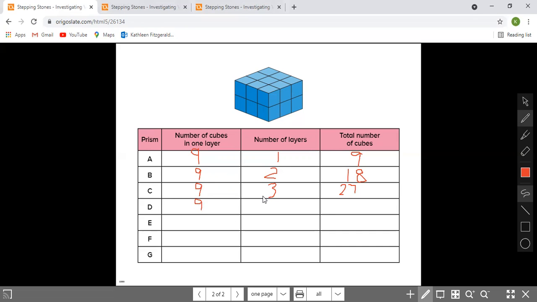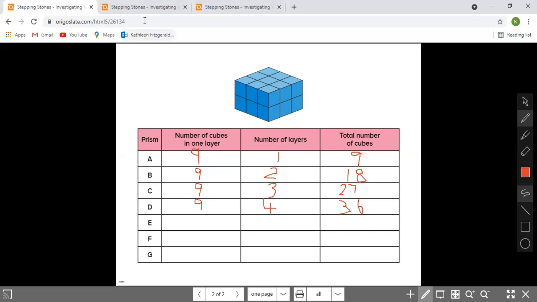Another layer of 9, and 4 times 9, or 4 layers with 9 in each layer, is 36. Okay, and so on we would go using our 9 times table to work that out.